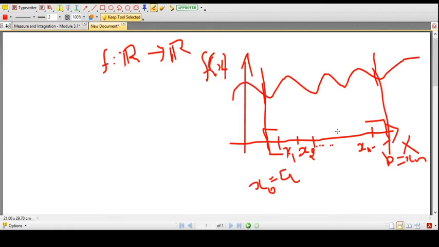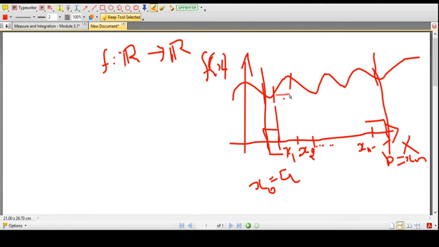In each subinterval, we take a lower value and an upper value, because we subdivide the interval.